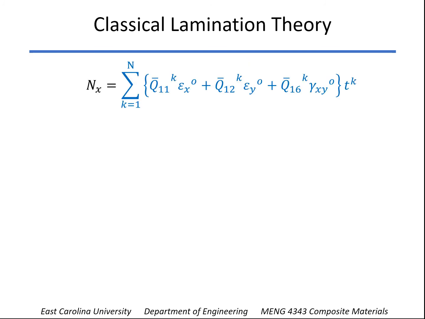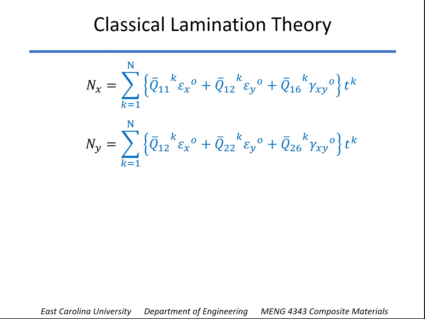Okay, so applying the stress-strain relations we looked at just a few moments ago, we can write this expression for n sub x. It involves the top row of the Q-bar matrix of each layer multiplied by those strains, and then the whole thing multiplied by the thickness of that particular layer. And then we sum that over the number of layers.